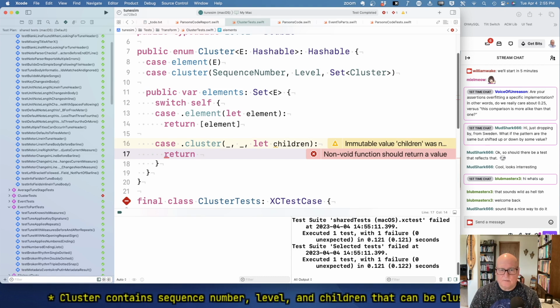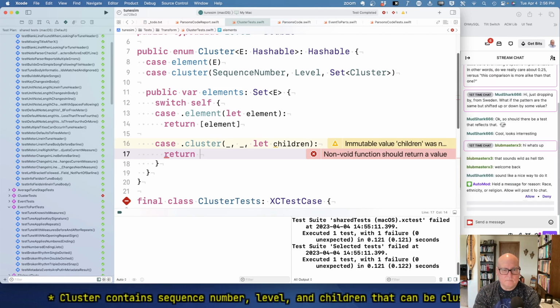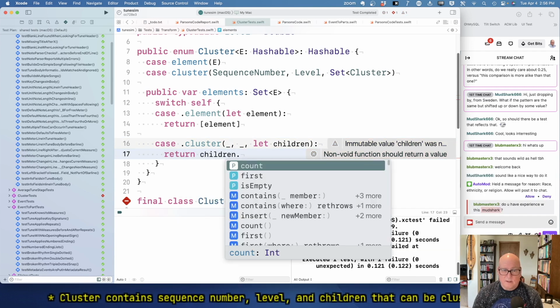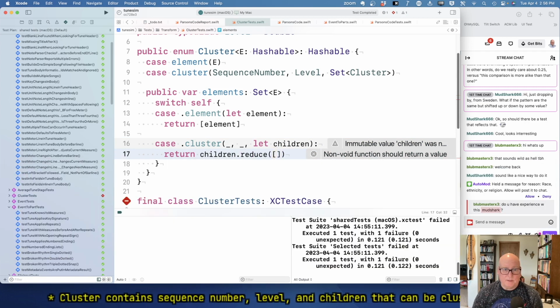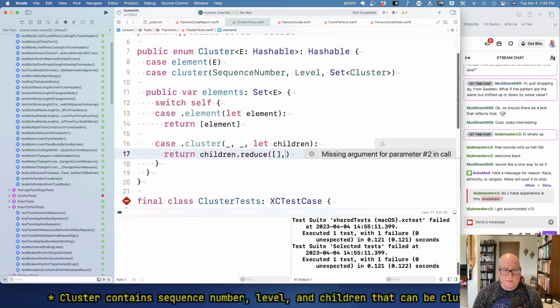we'll have to ask the children for their things. So I think we want to do, okay, I think we want to do children dot, well, basically a reduce. We're trying to build the set of all children.